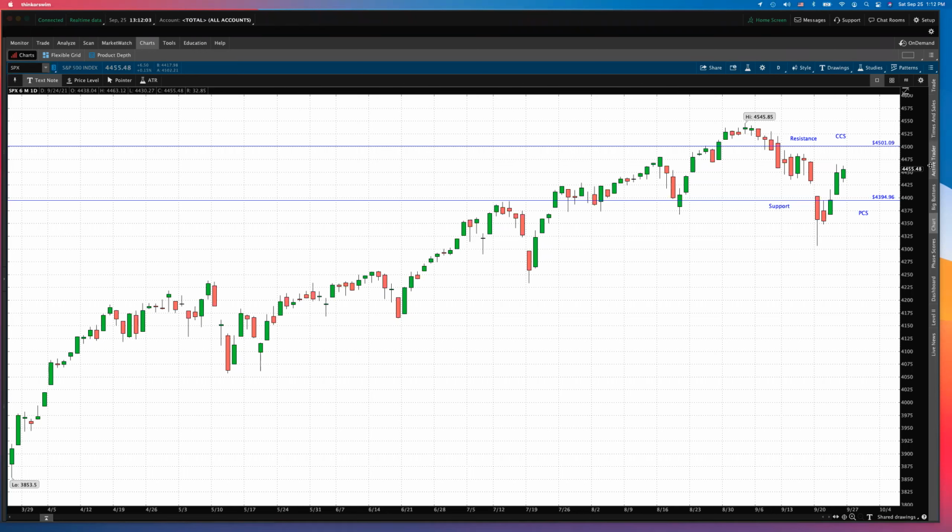If the price of the underlying rises above 45.01, which was your resistance, is that now still resistance, or is it now support? Support. It is now support. That is correct. If the price goes below 43.94, which was previously your support, does that remain support?